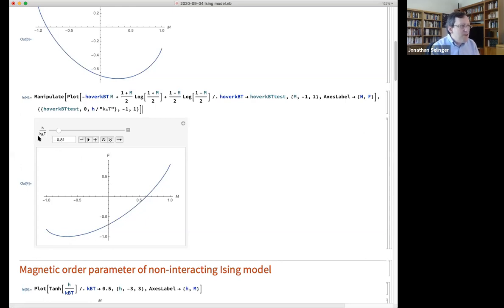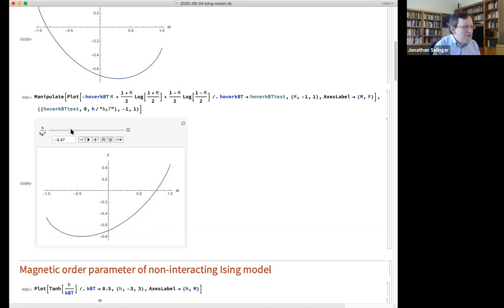When the magnetic field divided by kT is negative 0.81, the minimum is at about a magnetic order parameter of negative 0.7. I can write that down in a notebook, then change the magnetic field to some other number and ask what the next magnetic order parameter is. I could write down a whole bunch of values in a notebook and then make a plot from that.